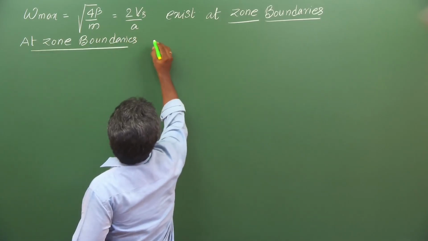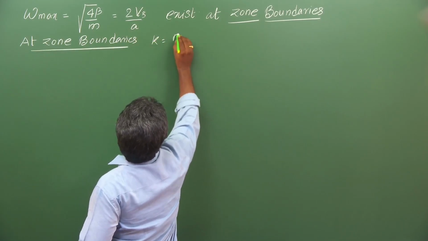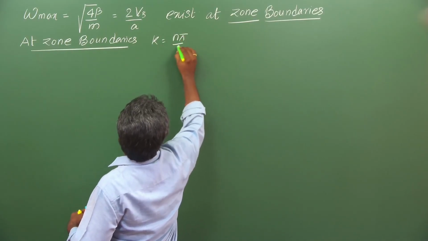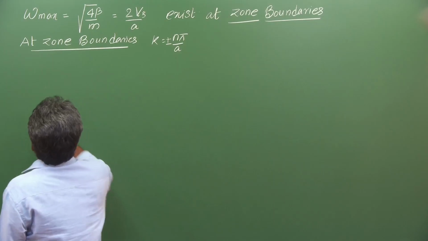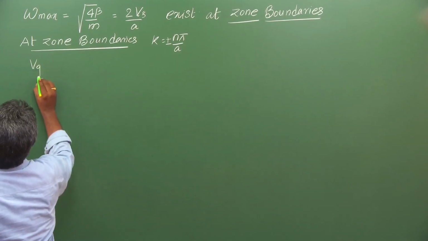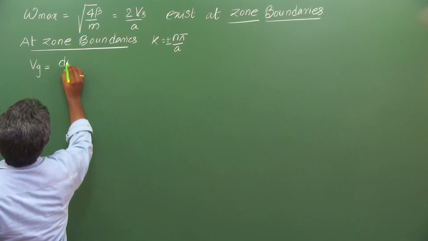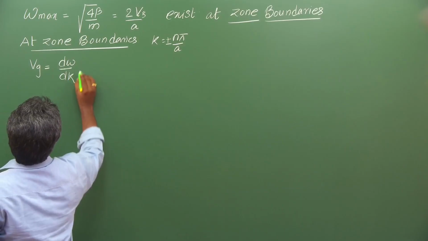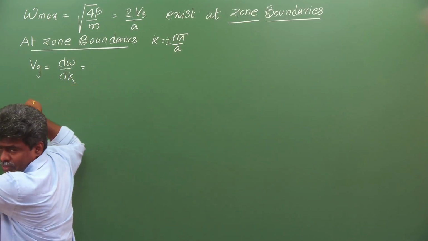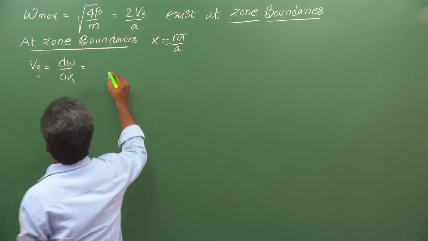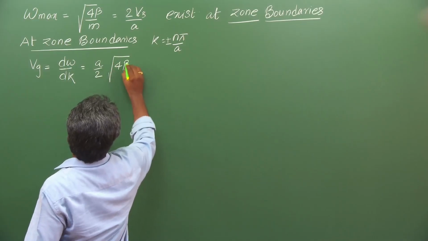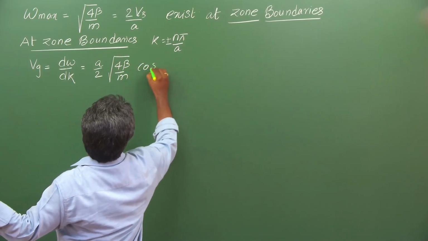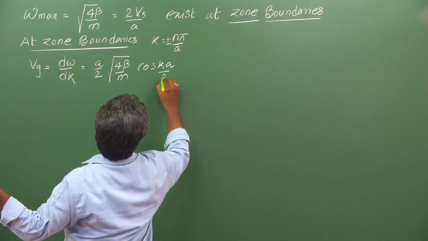Zone boundary means k equal to plus or minus n pi by a. Now with your permission, I will take the group velocity. Group velocity equal to d omega by dk, which we have already done. So please tell me how much it is. A by 2 under root 4 beta by m cos ka by 2.